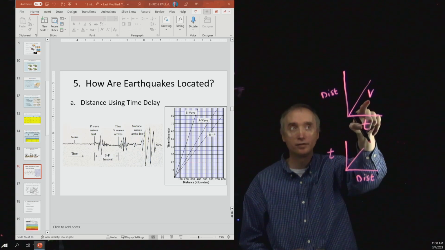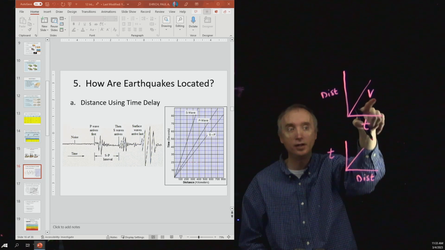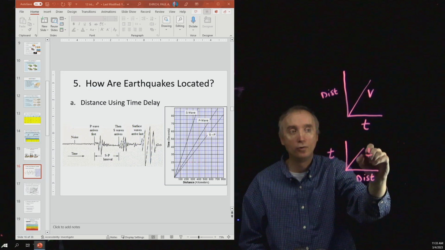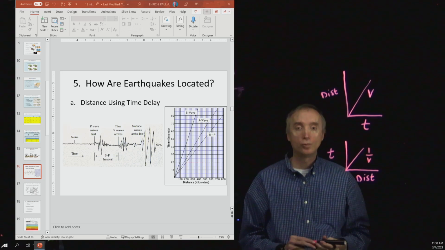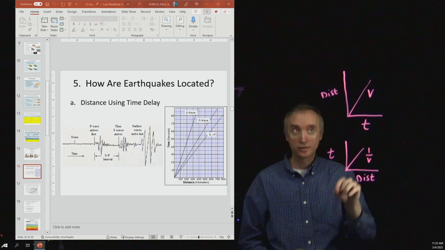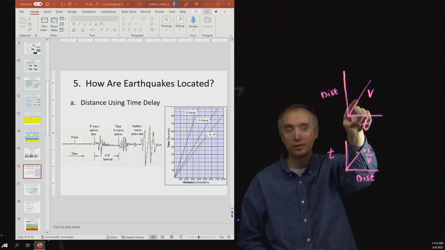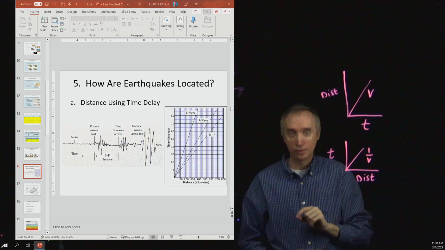So instead of being V, the slope is going to be 1 over V. That would mean that whichever line is the steepest is actually going to be the slowest wave. The steepest line on the other kind of graph would have been the fastest wave, and the steepest one on this one would be the slowest wave.